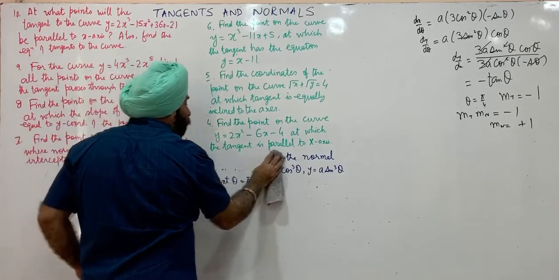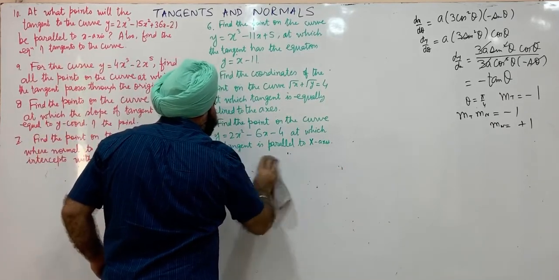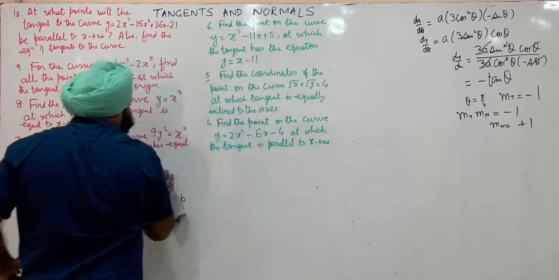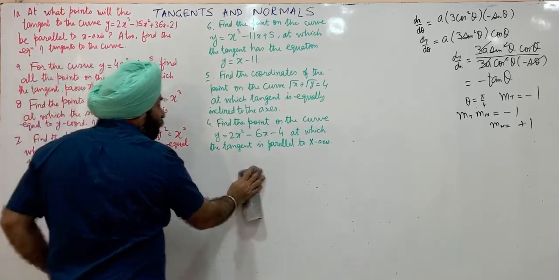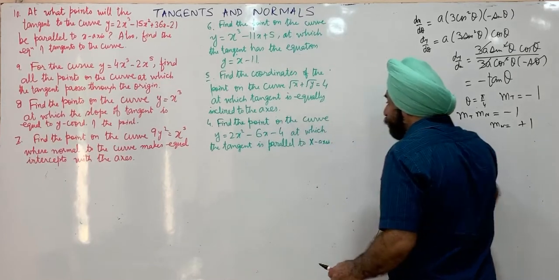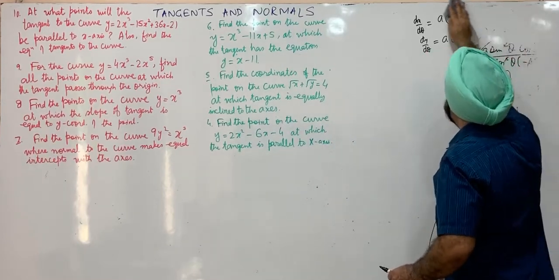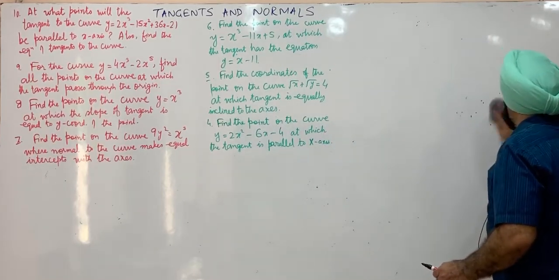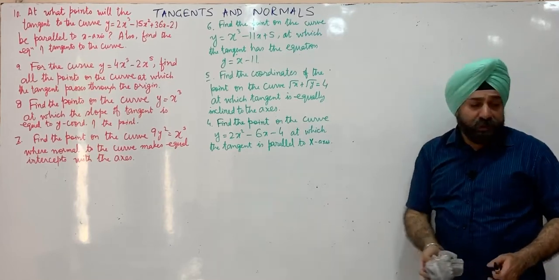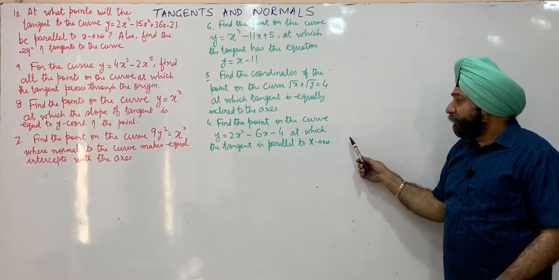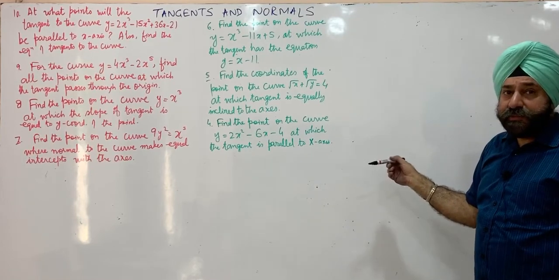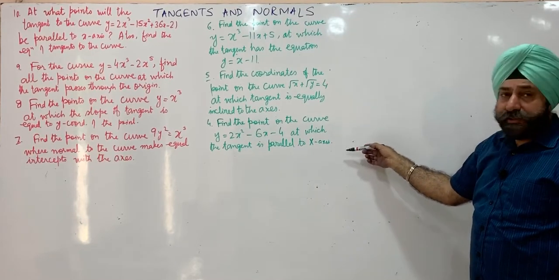In the next one, we have to find the point on the curve with the equation y = 2x² - 6x - 4 at which the tangent is parallel to the x-axis. If a line is parallel to the x-axis, it means its slope is 0. Here the tangent is parallel to the x-axis, so the slope of the tangent is 0.